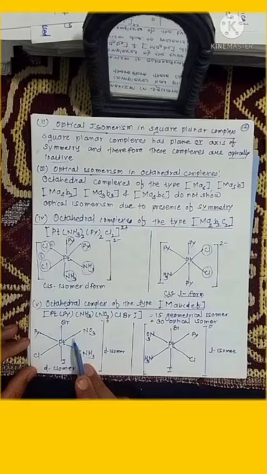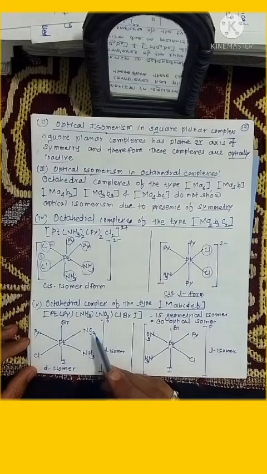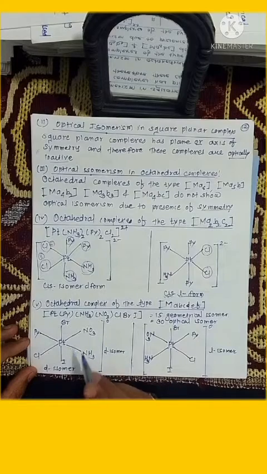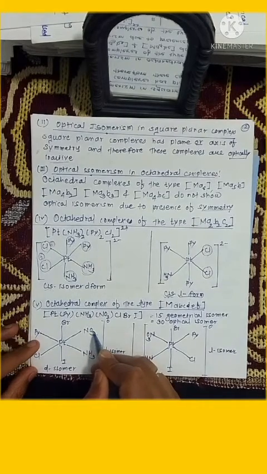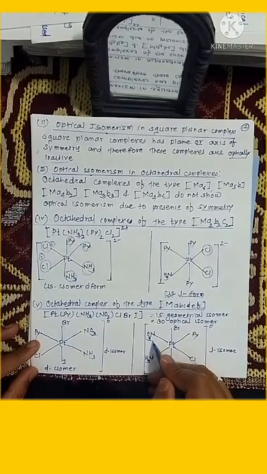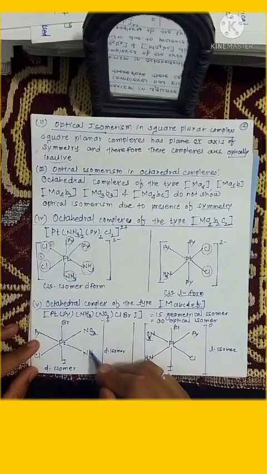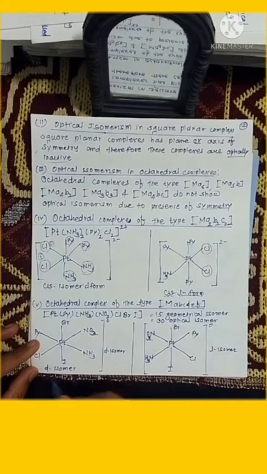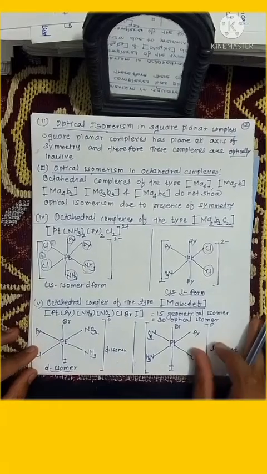This form, in which nitro and amine are present at the 2nd and 3rd positions, is the D form. Now when we place the mirror in front of it, we obtain its mirror image, which is known as the L isomer of this.